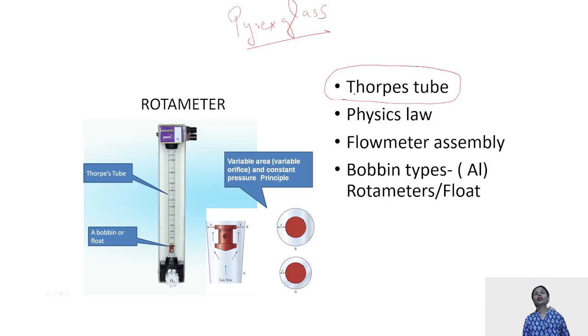What are they known as? Thorpe's tubes. And these tubes have a special anti-frictional coating over them. This coating is present on the inner side of the tube in order to decrease the friction between this floating bobbin and your tube, such that the bobbin can float smoothly and without friction in the Thorpe's tube.